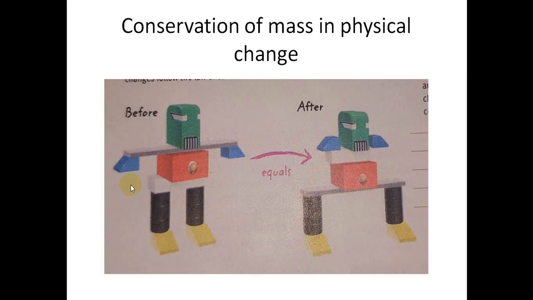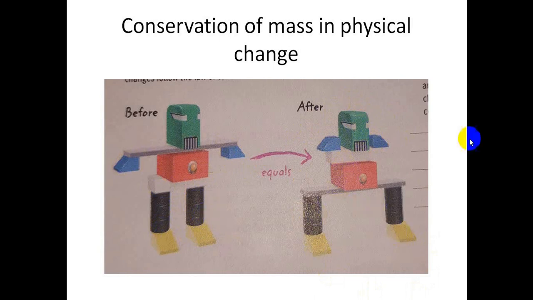So if we count here how many pieces we have, let's count them together. 1, 2, 3, 4, 5, 6, 7, 8, 9, and 10. If we count also on the other side, after rearranging the pieces, 1, 2, 3, 4, 5, 6, 7, 8, 9, 10.